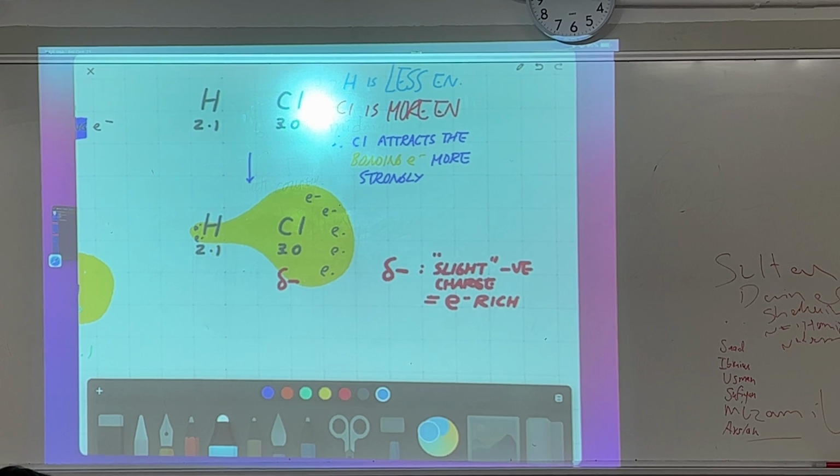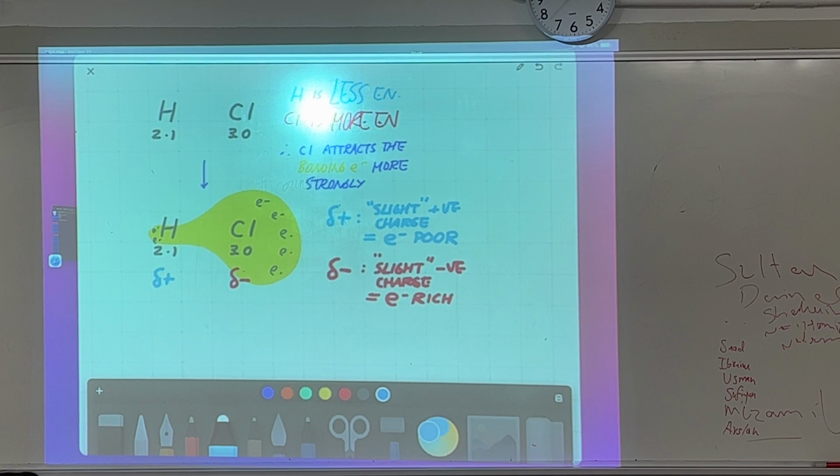We have another symbol that we can add as well. It's delta positive. Delta positive means it has a slight positive charge. And the slight positive charge is due to this atom, H, being electron poor. So remember the words electron poor and electron rich.